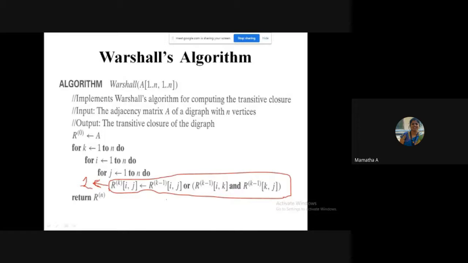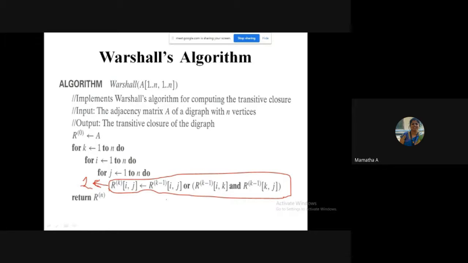Okay. First summation, that is from left to right. Ma'am, k equals 1 to n. And then i equals 1 to n. Then j equals 1 to n. Isn't it?